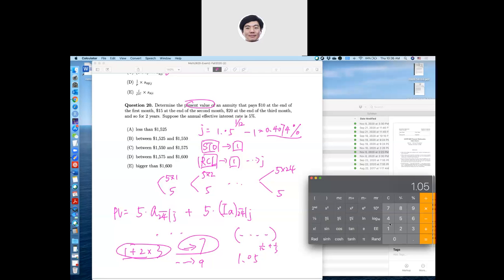So I can do 1 divided by 12 first, and then I put the closing bracket. Then I can hit enter. That helps you do everything in one step, and it will save you a lot of time at exams. Let me stop down here.